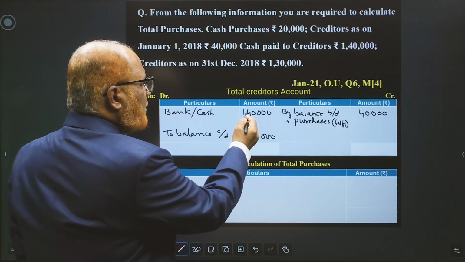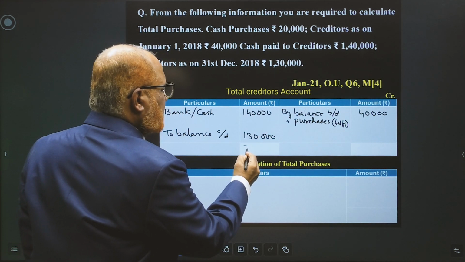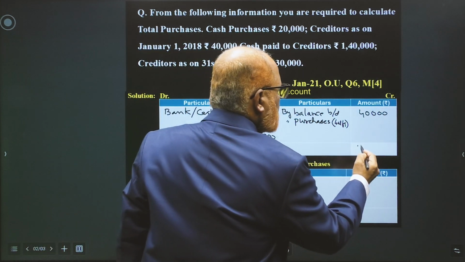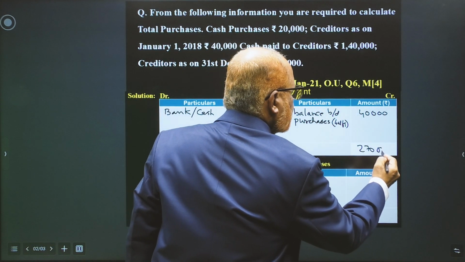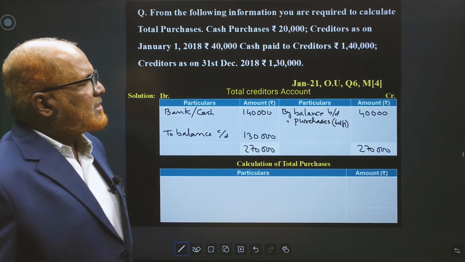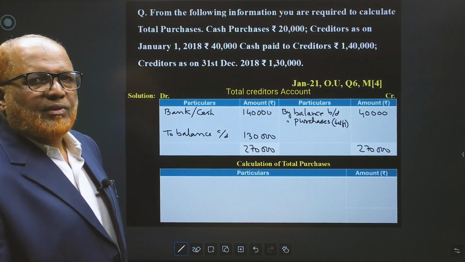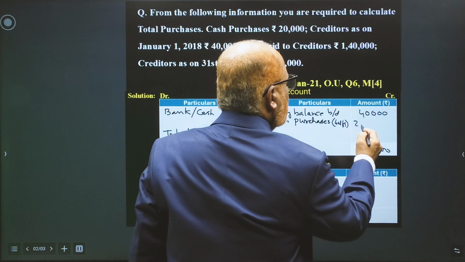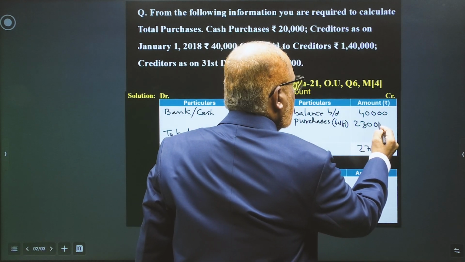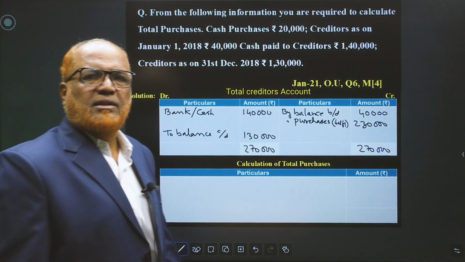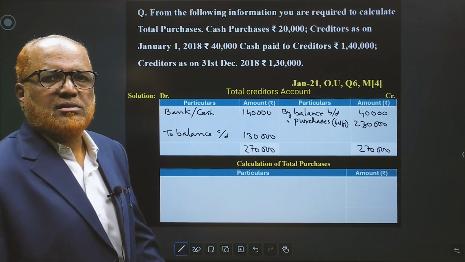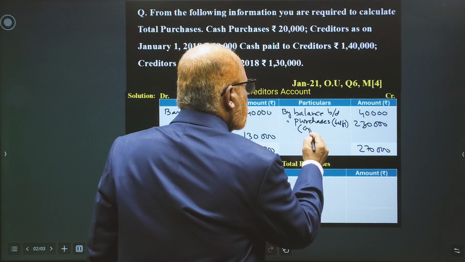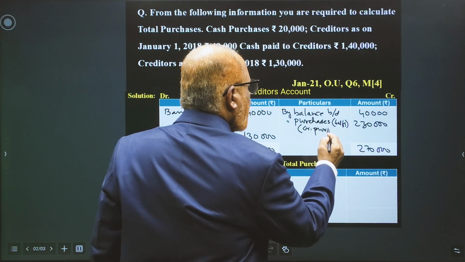Now take the total on the debit side, 2,70,000. Here also 2,70,000. From 2,70,000, subtract 40,000. So you will get 2,30,000. What is this 2,30,000? Credit purchases. Whatever purchases we got in the creditors account, these are the credit purchases.